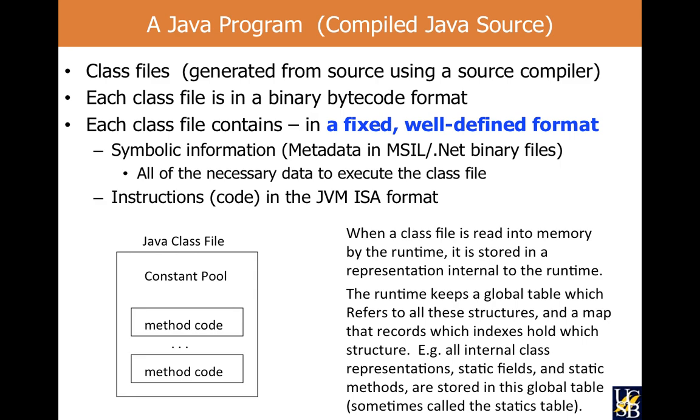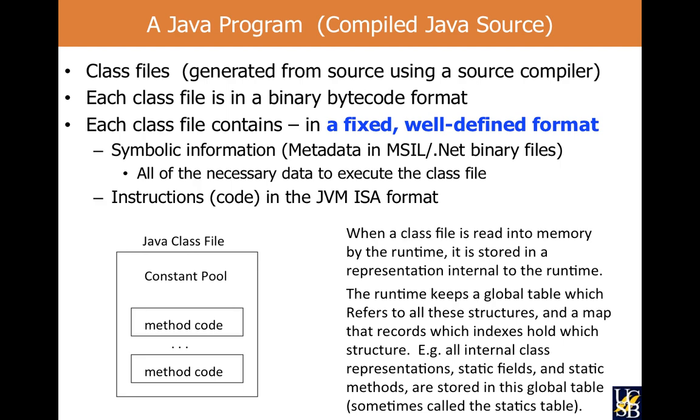When a class file is read into memory from over a network, the runtime takes the class file and makes its own internal representation. Different runtimes can do this a little bit differently. How it lays it out in memory is really up to the runtime, but the idea is you want to have a very easy way to get to a class structure, to figure out what fields are in a class, what methods are in a class, what objects might look like that are created as instances of this class.